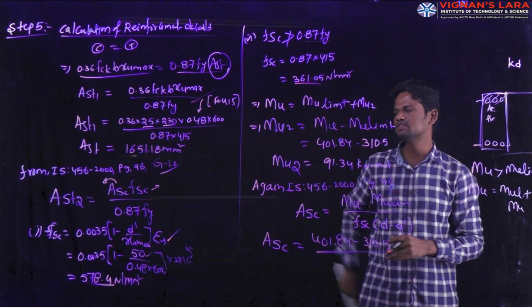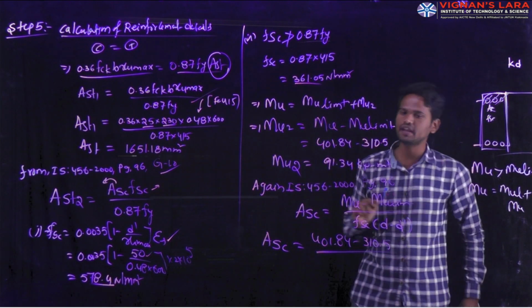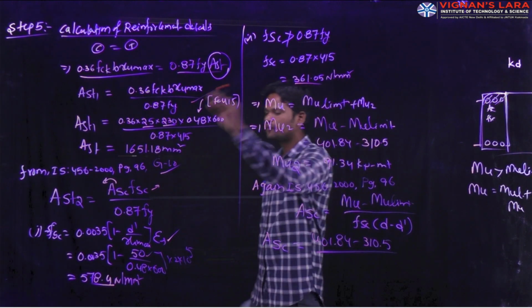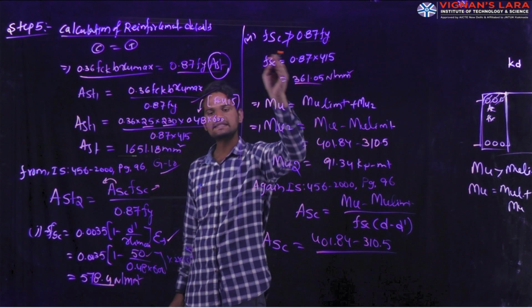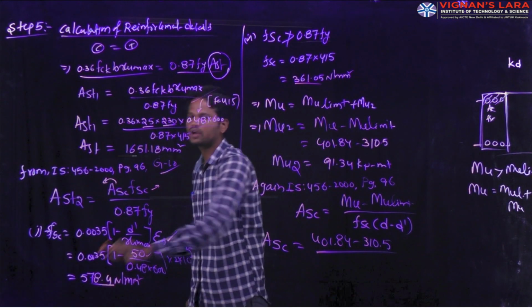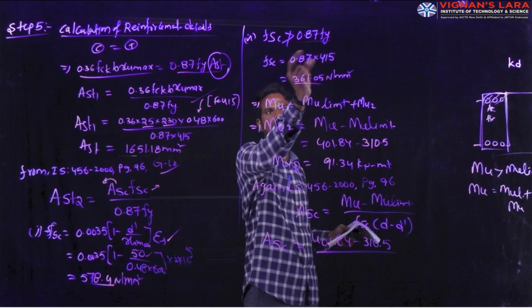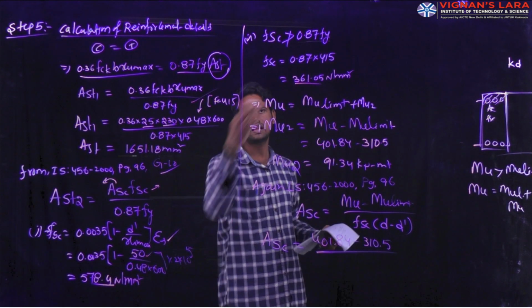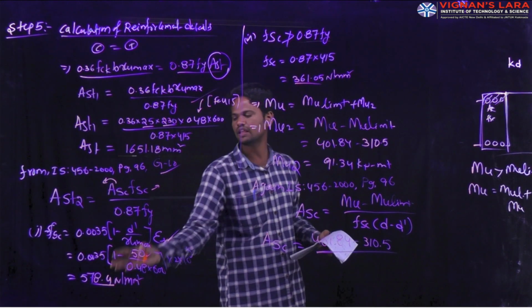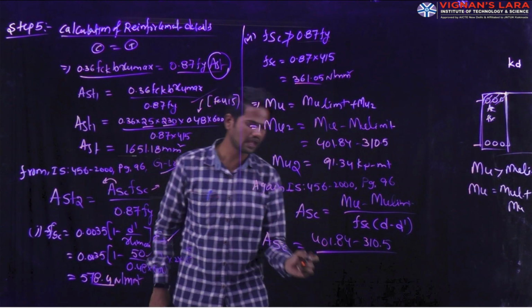The stress in steel, we should not take this value, we have to take the 0.87 value. When the value you get here is less than 0.87 Fy, in those conditions we can take this FSC value.